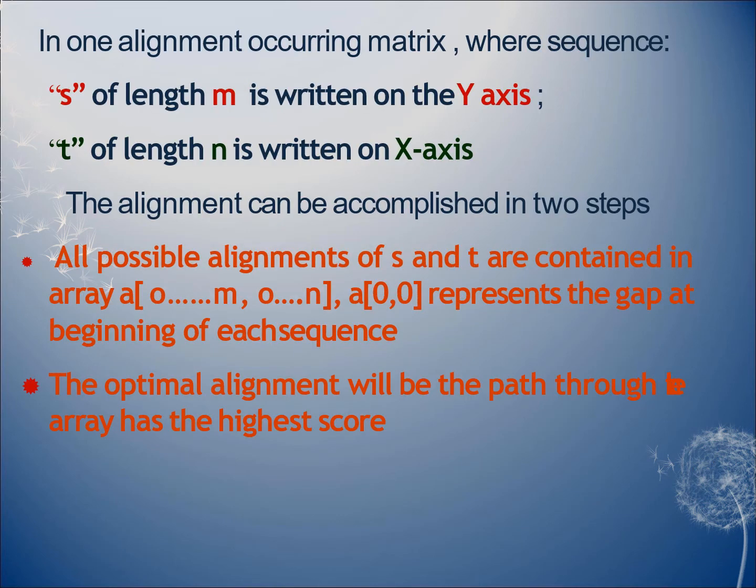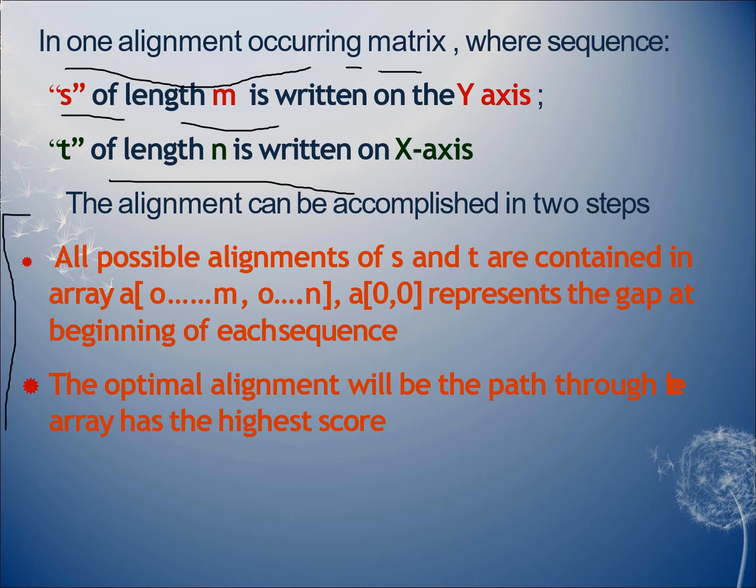In the alignment matrix, sequence S of length m is written on the x-axis and T of length n is written on the y-axis. These are some of the algebraic terms you'll see everywhere. They are not of much importance, and I assure you that these won't come in your exams. I've just provided them to give you as much information as possible.